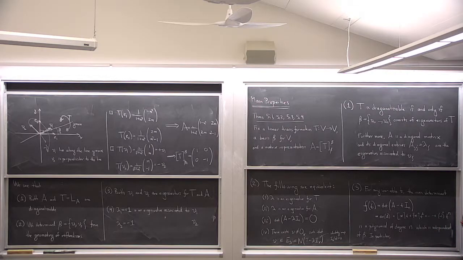So I'll use this to actually say a polynomial of degree n has at most n roots. So this actually means that this here will have at most n eigenvalues. So in particular, T has at most n distinct eigenvalues.